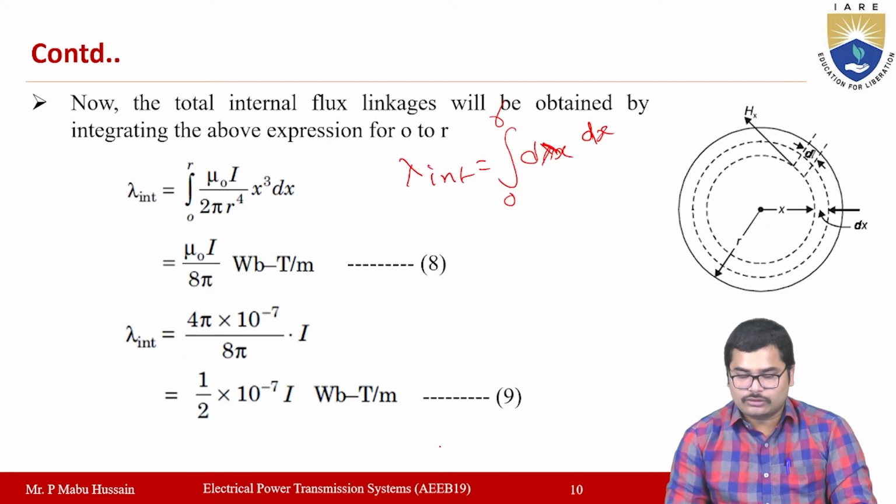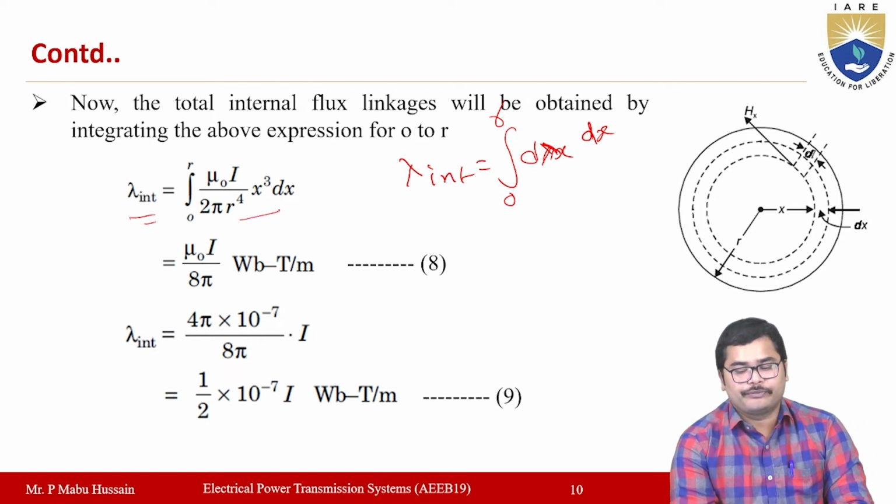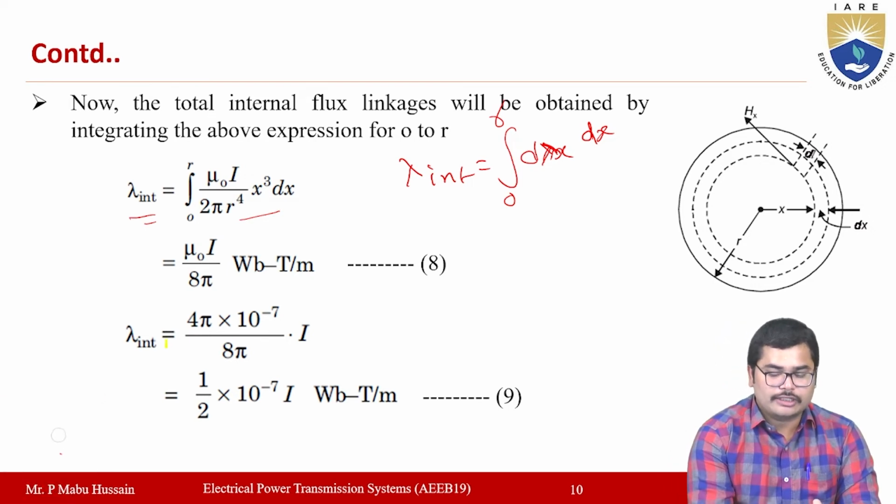So lambda internal will be equal to the integral from 0 to r of mu 0 I by 2 pi r power 4 into x cubed dx. Now you solve this expression.